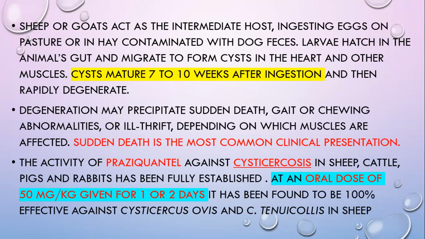Now this degeneration may precipitate sudden death, and that may be the clinical presentation at the end. The treatment of this condition is praziquantel, but the dose is comparatively higher than for Moniezia and other tapeworms. It is 50 mg per kg body weight.